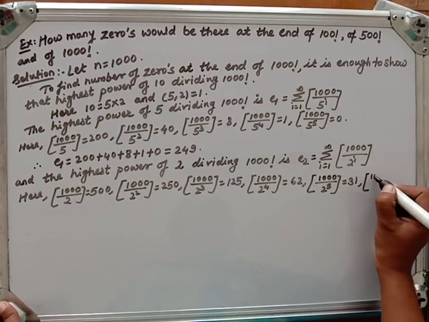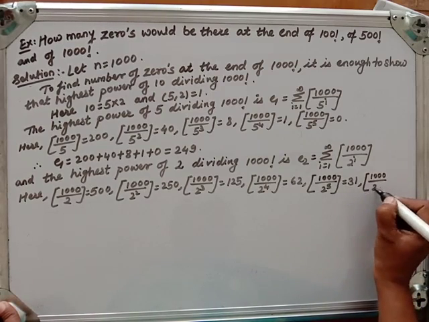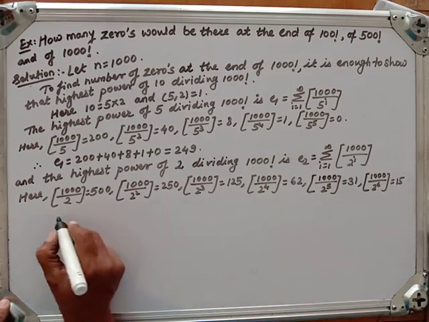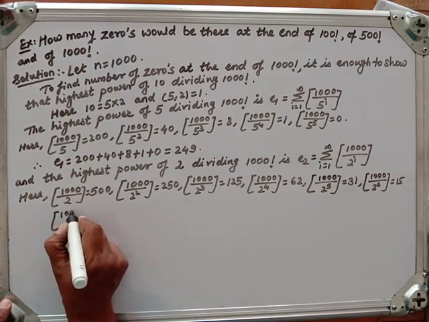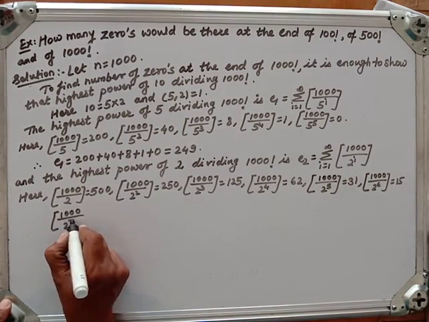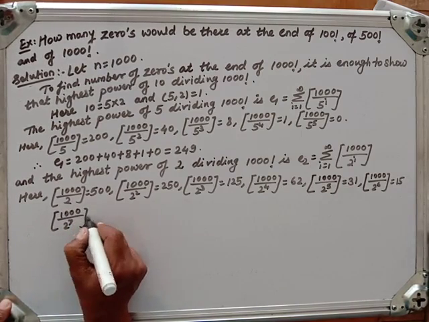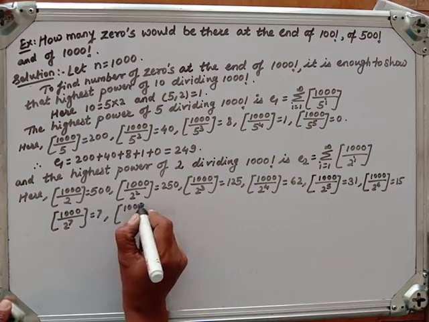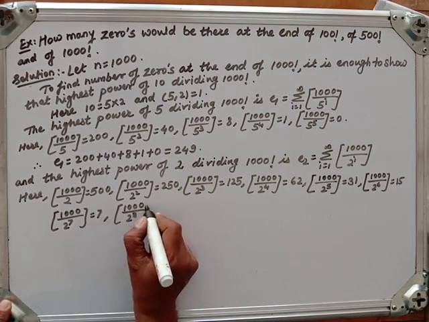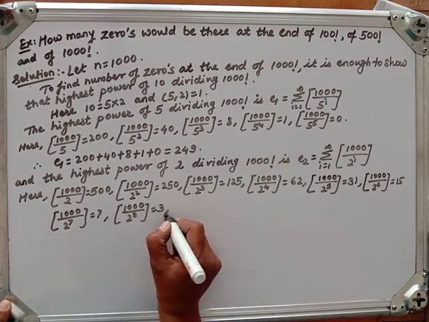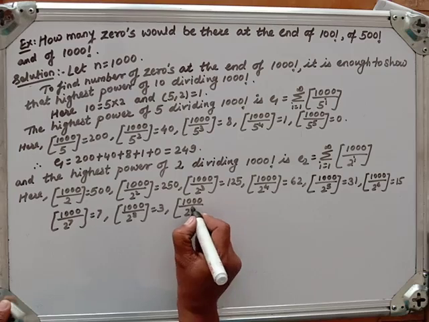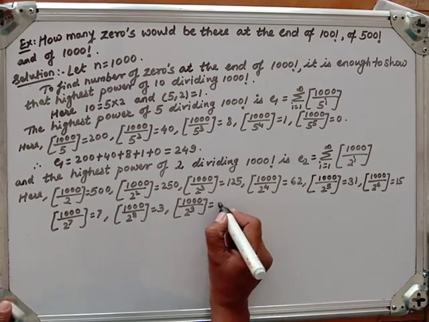1000 upon 2 raised to 6, so it will be 15. Next 1000 upon 2 raised to 7, so it will be 7. 1000 upon 2 raised to 8, that will be 3. 1000 upon 2 raised to 9, it will be 1.